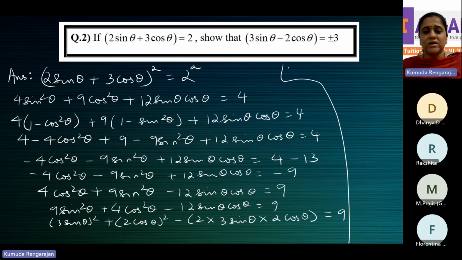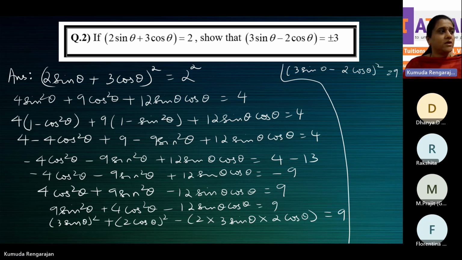So it will be 3 sine theta minus 2 cos theta the whole square is equal to 9. So 3 sine theta minus 2 cos theta is equal to plus or minus square root of 9, which is plus or minus 3.